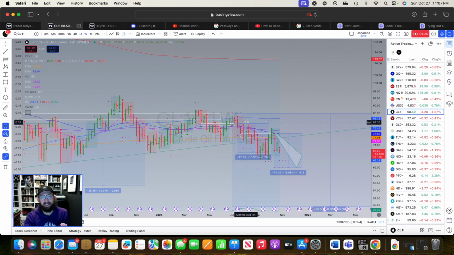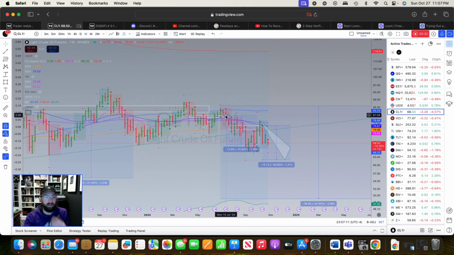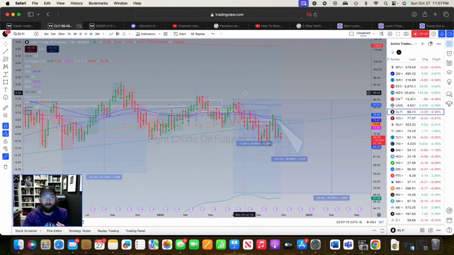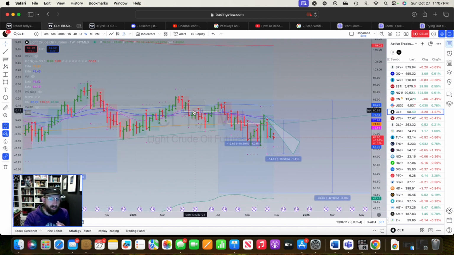And then finally, this weekly signal here. How do you know that this weekly signal might show you a downtrend is going to come through? Well, you have to look at the consolidation and at the past performance, and you could say, maybe finally, oil is about to trend down in a meaningful way.